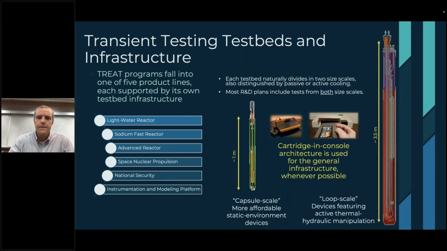This is what we call the cartridge in console architecture that is generally used in all of the testing that we are doing in TREAT today. So next slide, please.